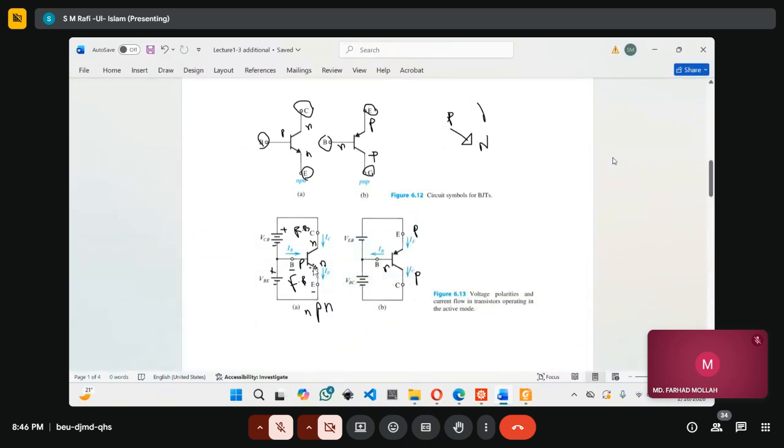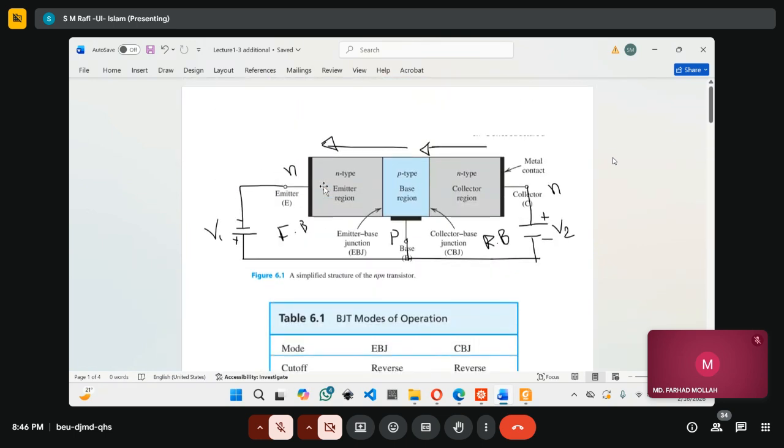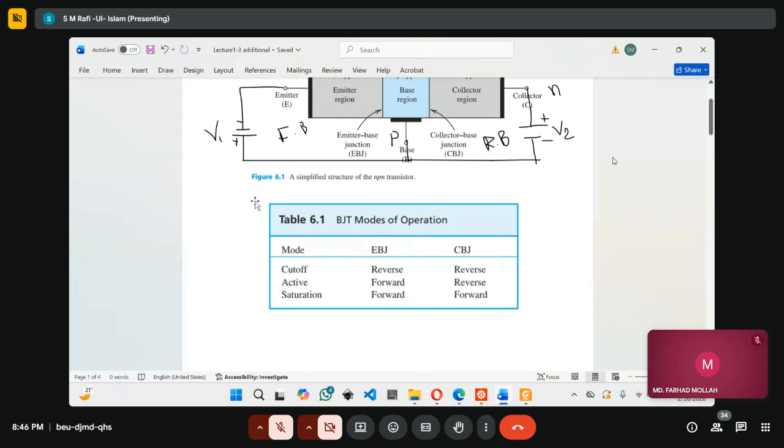So for the biasing, am I clear that in order to run this transistor, no matter whether it's PNP or NPN, in active mode, because this is the most important mode for a transistor, because we can use it as an amplifier, we can use it as memory devices or logic devices.